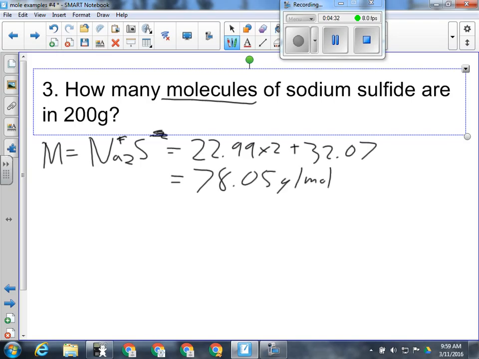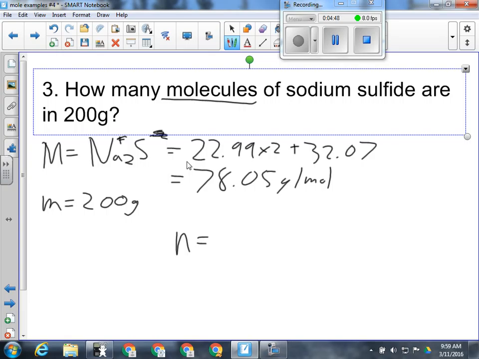So I've got big M. They also tell me the mass, 200 grams. If I want to find the number of molecules, I first need to know the number of moles, so that I can multiply by Avogadro's number to get the number of molecules.